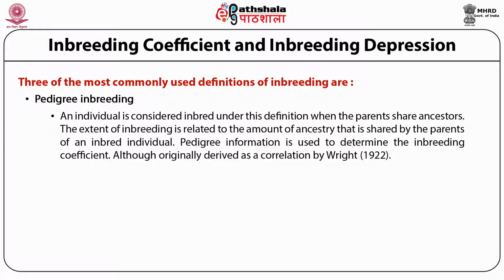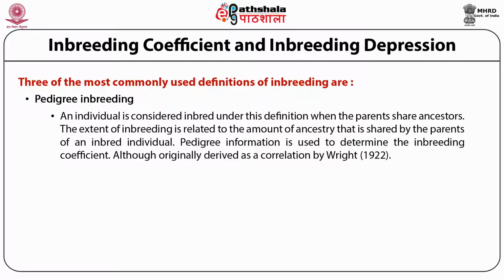The extent of inbreeding is related to the amount of ancestry that is shared by the parents of an inbred individual. Pedigree information is used to determine the inbreeding coefficient, although originally derived as a correlation as given by Wright, 1922.